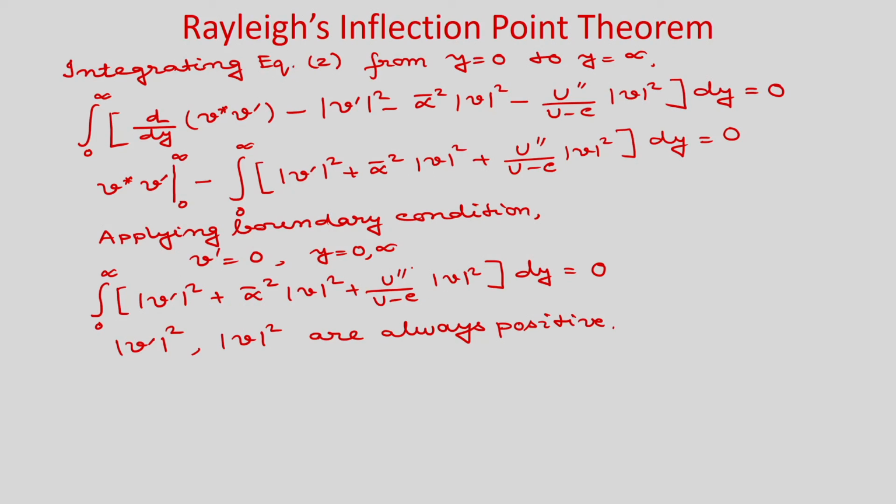But the third term we now need to carefully examine, because from this term we have to see when the flow will become unstable. So in the third term, in the numerator we will multiply with u minus c star, where c star is the complex conjugate of c. If c is c_r plus i c_i, then c star is c_r minus i c_i. So this is your complex conjugate.